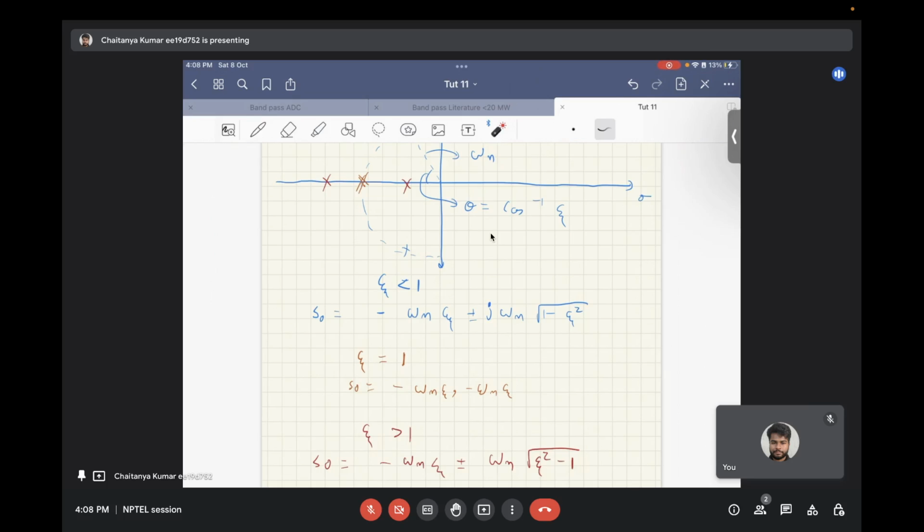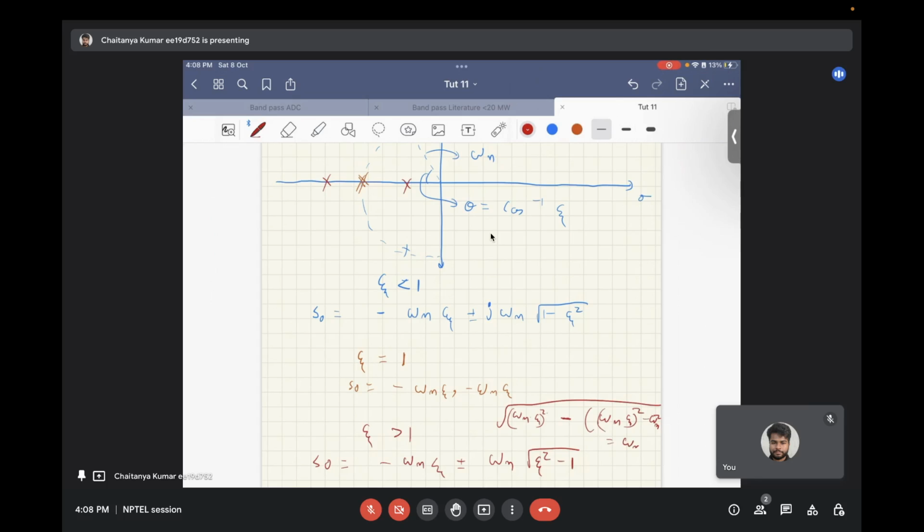And another interesting thing that can be observed is that in case of an overdamped system, the poles of the system have their geometric mean at omega n. So if you try to find the geometric mean, you will get the root of omega n zeta whole squared minus omega n squared, sorry, minus of omega n zeta whole squared minus omega n squared, under root.